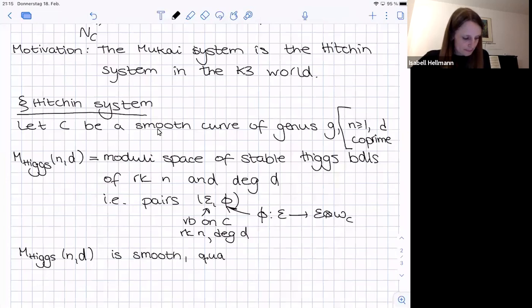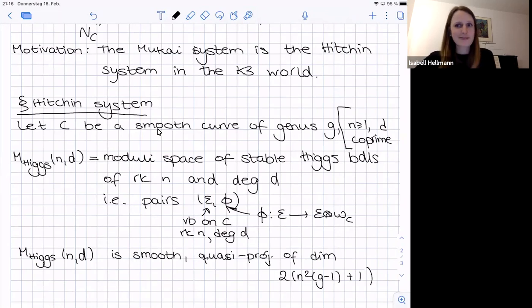And this moduli space of Higgs bundles is not projective, but it is quasi-projective. Its dimension is 2 times (n squared times (g minus 1) plus 1). So maybe you've seen this number before.